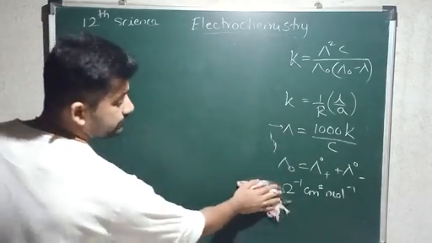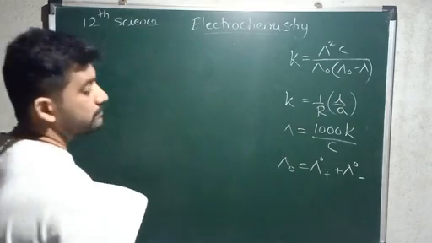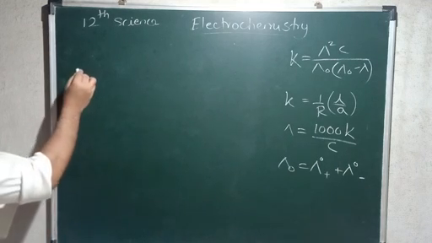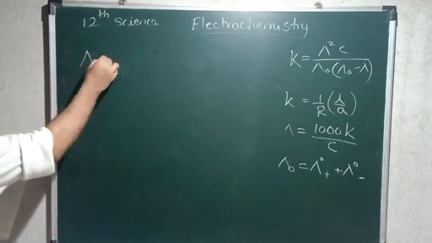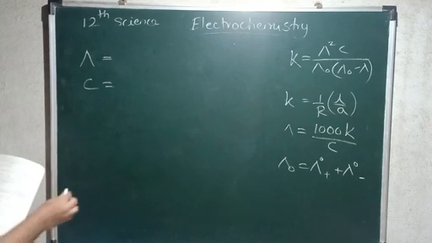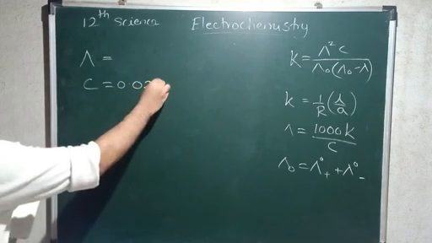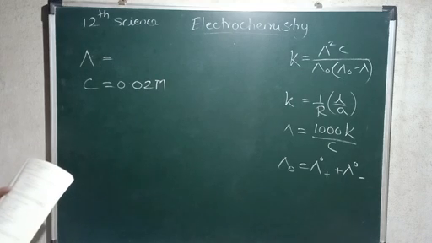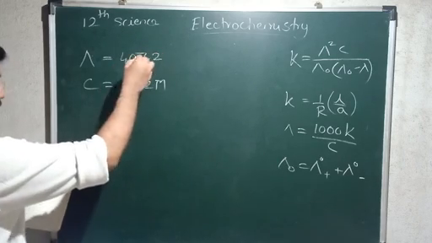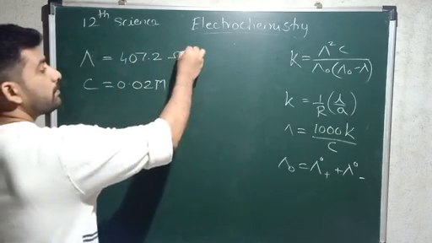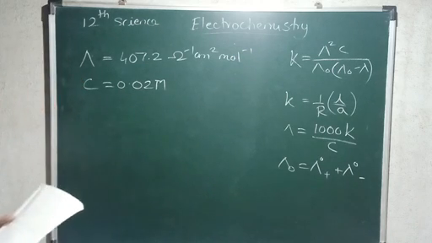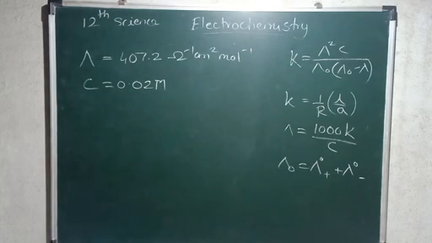The given part: molar conductivity of 0.02 molar HCl, which means concentration is given as 0.02 molar, is 407.2 per ohm centimeter square per mole at 25 degrees Celsius.